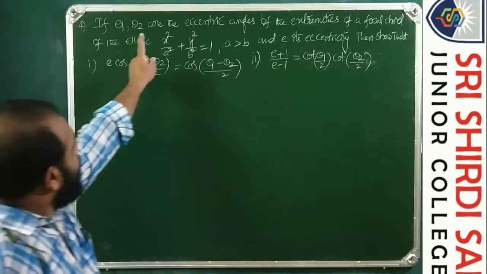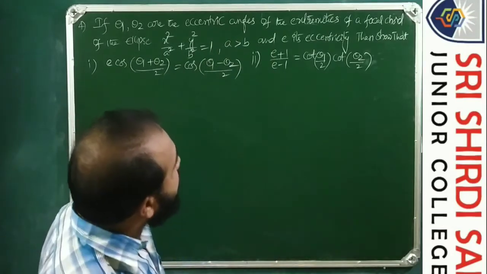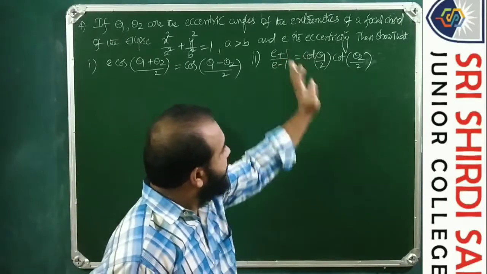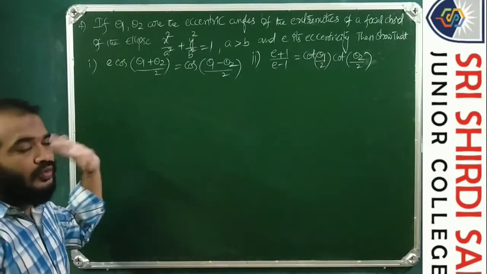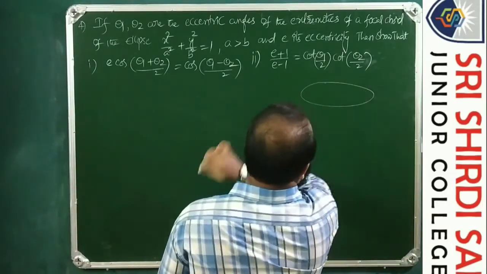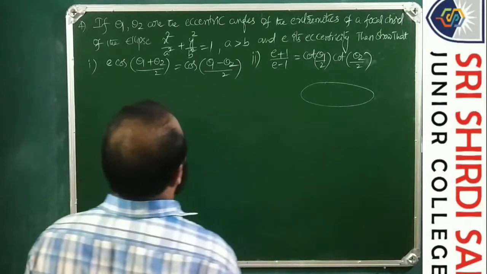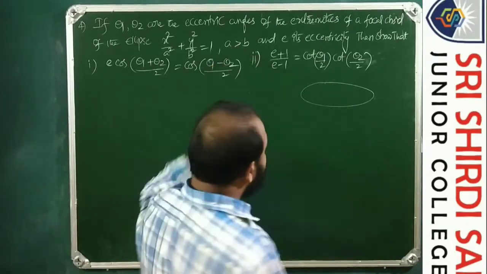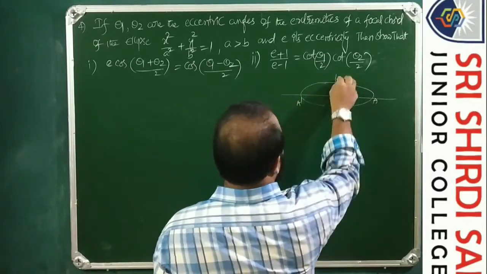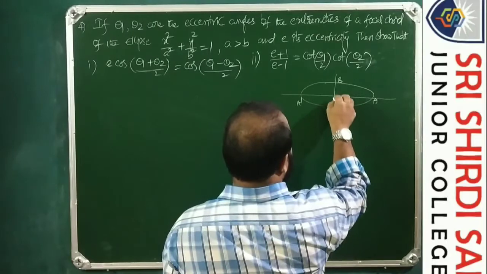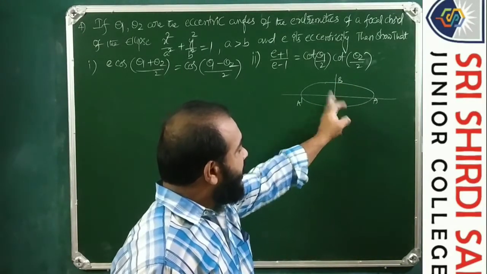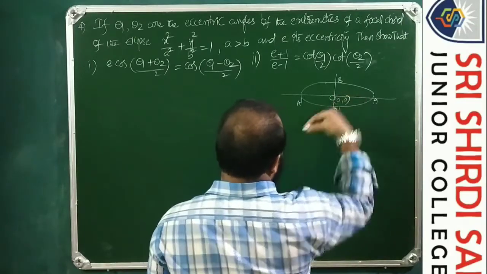If theta 1, theta 2 are the eccentric angles of the extremities of a focal chord of the ellipse and e is the eccentricity, then show that... This is what we need to prove. Let us suppose that this is the ellipse given, where a is greater than b, with A dash, B dash, and C being the center at the origin (0, 0).